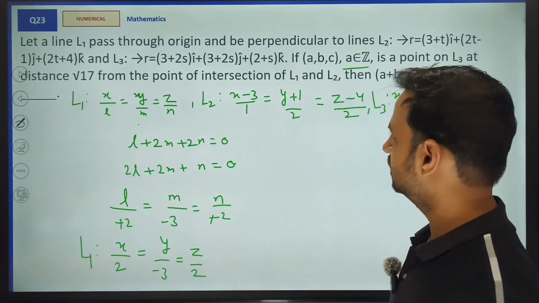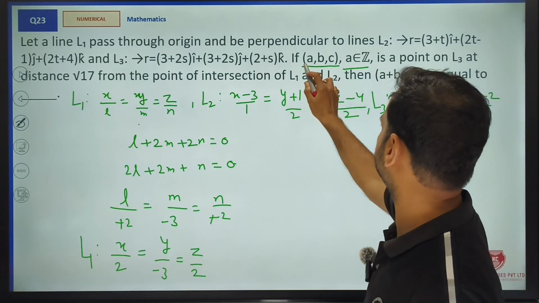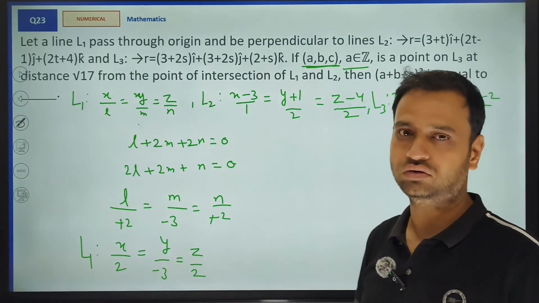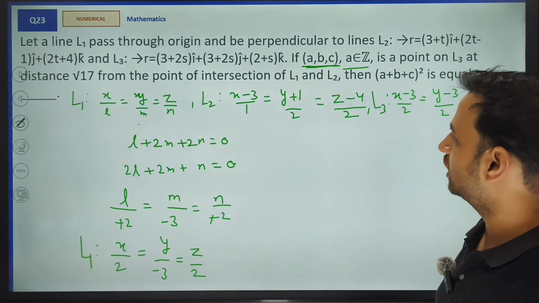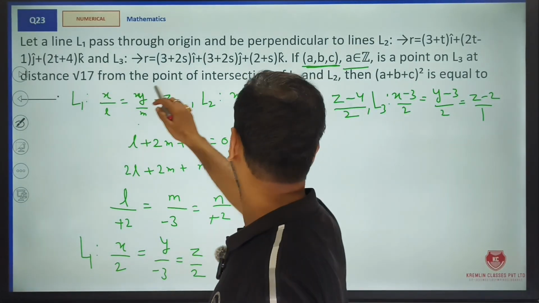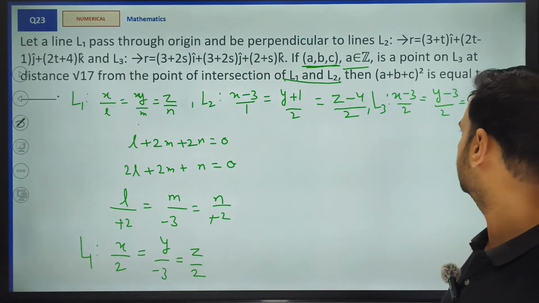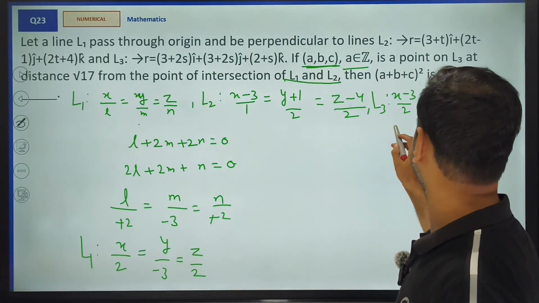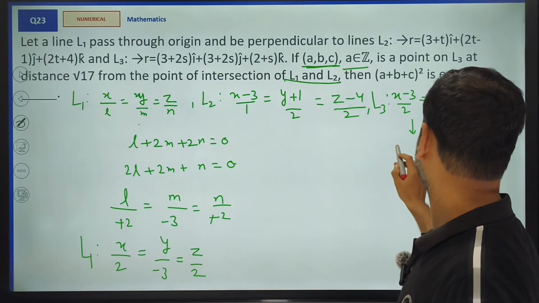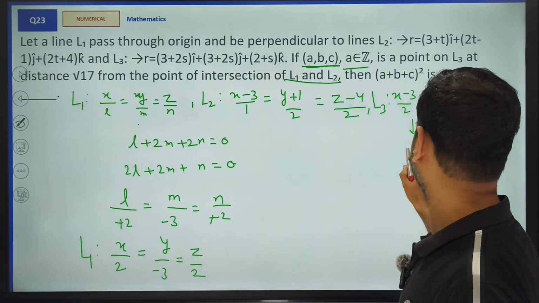This is the line L1 given to us. This is L2 and L3. What we are given is that this point lies on L3, at a distance of root 17 from the point of intersection of L1 and L2. Means we need to first find the point A, B, C on L3. Put r here.